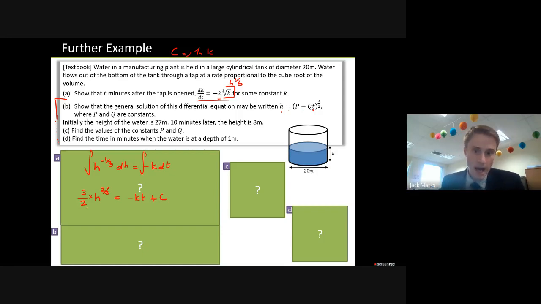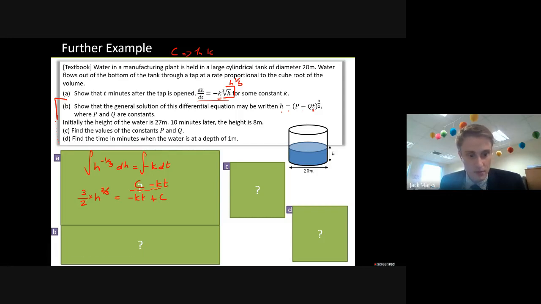Okay. Does that look a bit like this? Well, it has a 3/2 in it, which is hopefully not a bad sign, but it's not really obvious yet. One thing to notice, p minus qt is quite similar to this part here, isn't it? If you change the order, that's like c minus kt. So that's not too bad.